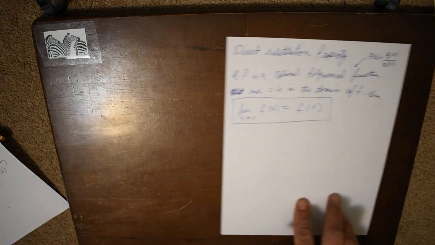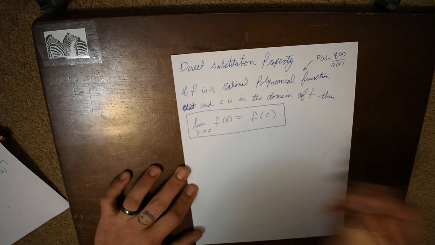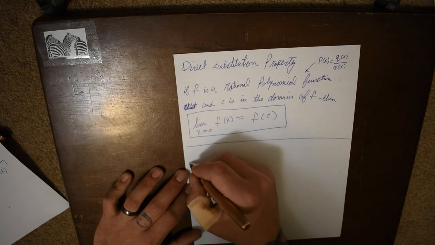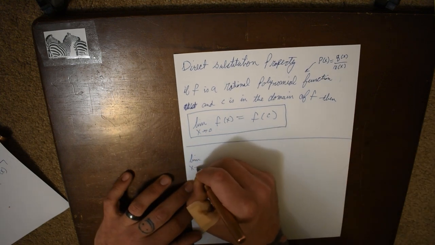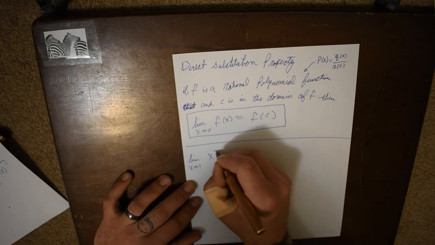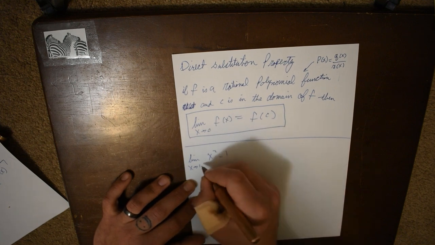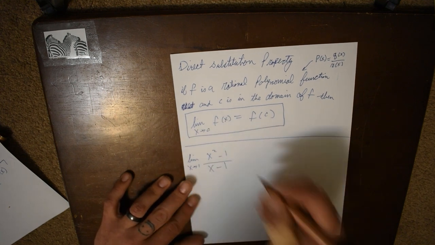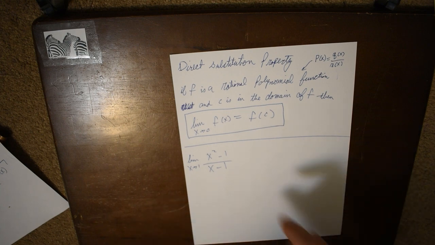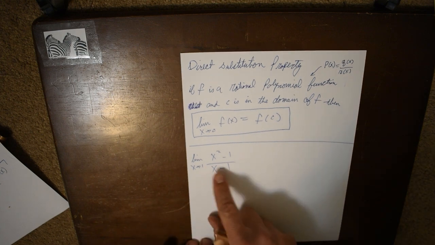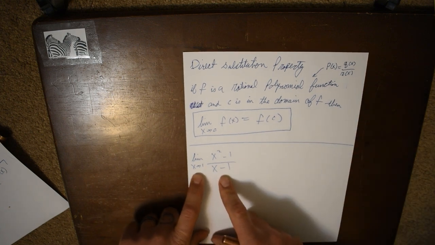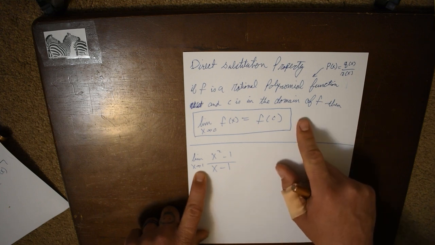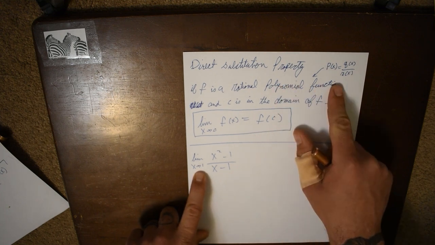Cool, so let's do an example. Let's say we wanted to find the limit as x approaches 1 of x squared minus 1 over x minus 1. Now if you look, this function isn't defined when x is equal to 1, so we cannot currently use the direct substitution property.